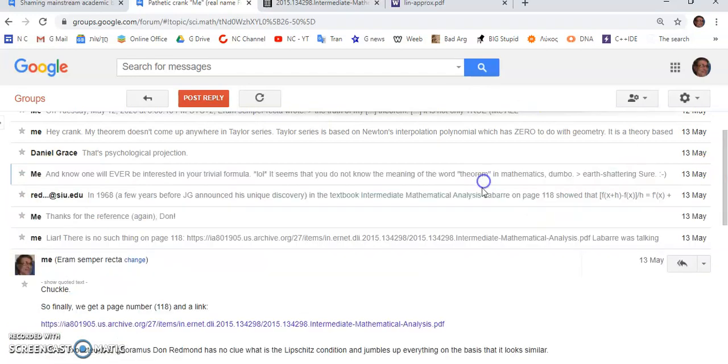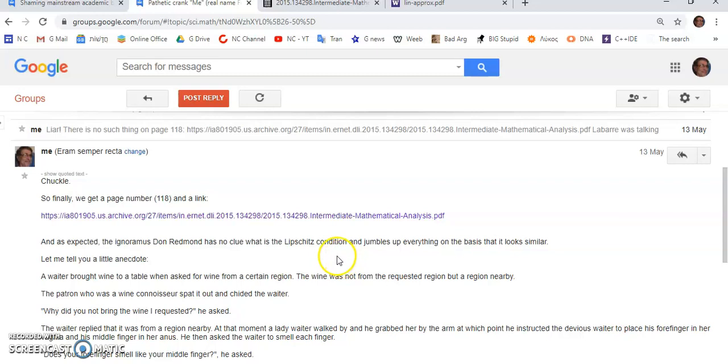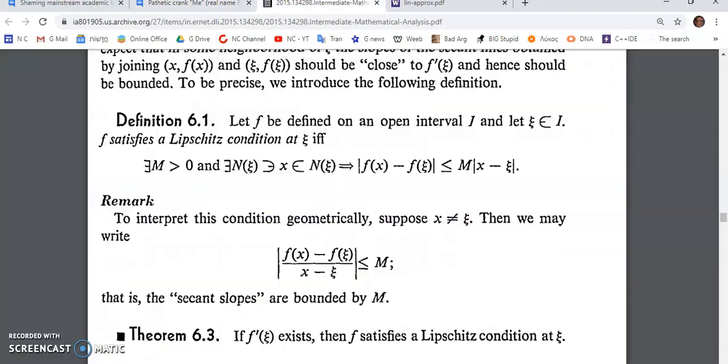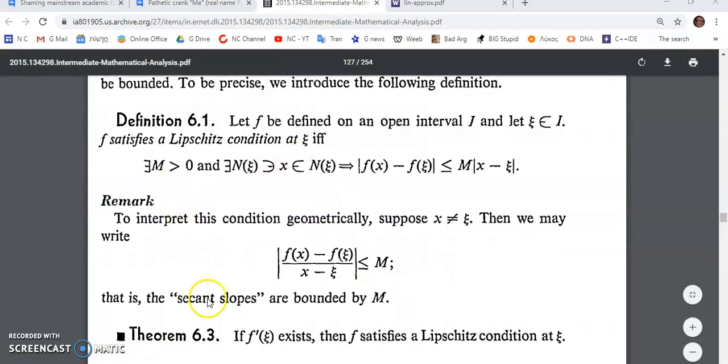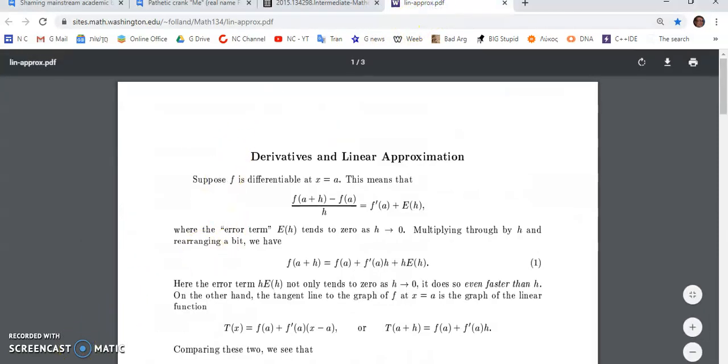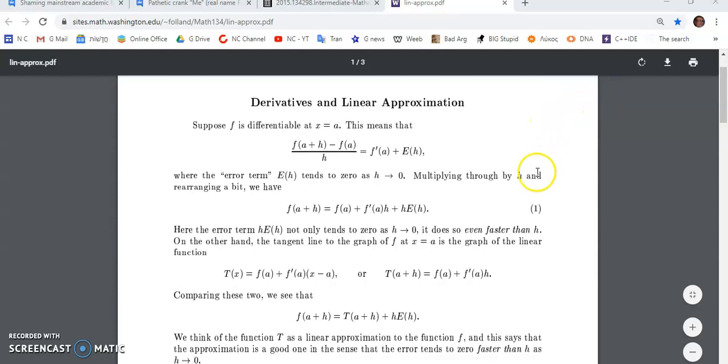In any case, this fool attacked me again and brought up this new link, which is by a retired professor in mathematics. Now, this idiot interpreted the secant line slope as the tangent line slope plus some error function.